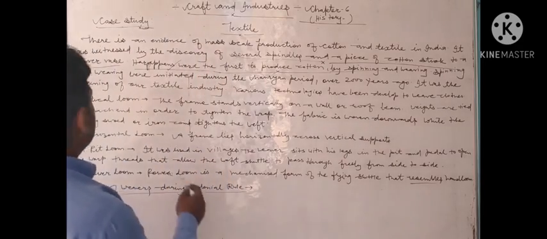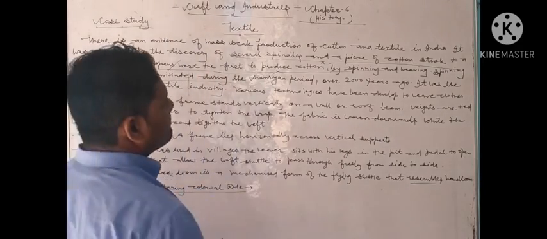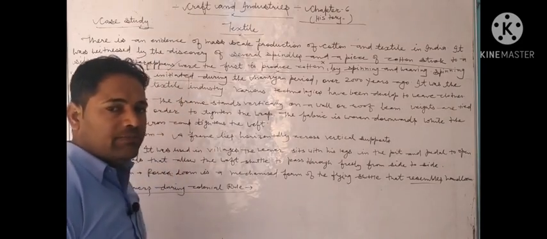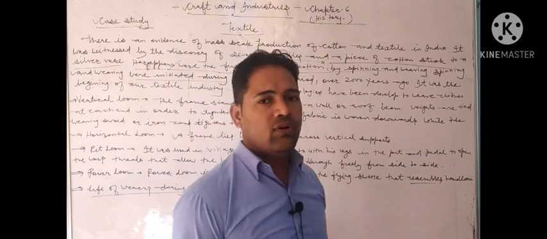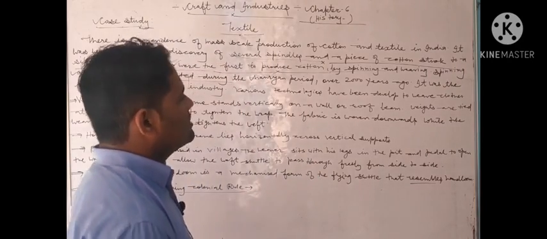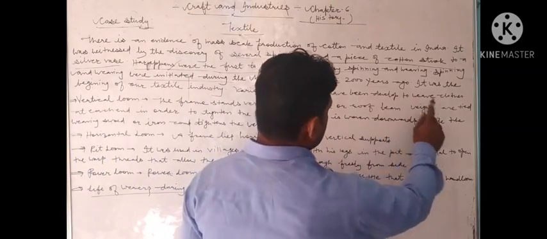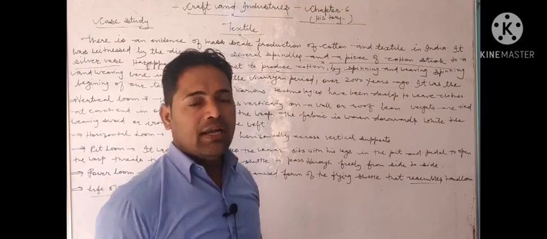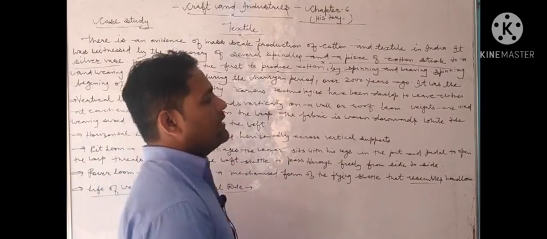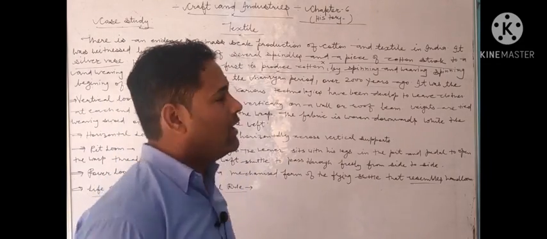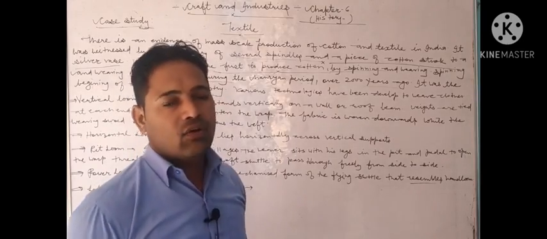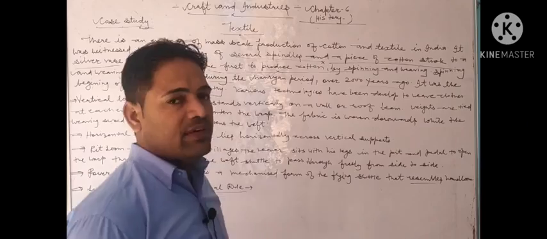Then spinning and weaving were also continued during the Mauryan period. When the Mauryan dynasty was there, Chandragupta Maurya and others, at that time also this process of weaving and spinning was there. Means 2000 years ago, in the Mauryan dynasty also, people were well aware of how to spin and how to weave the cotton and how to use different kinds of fabrics.